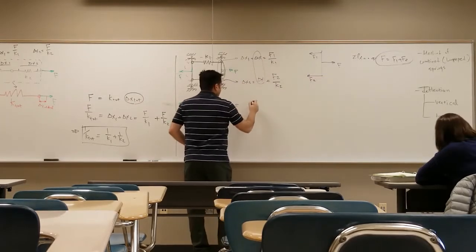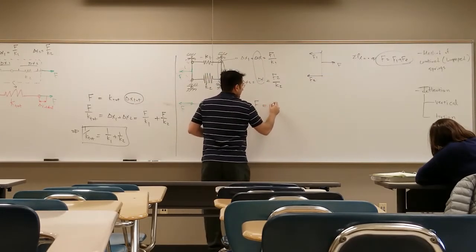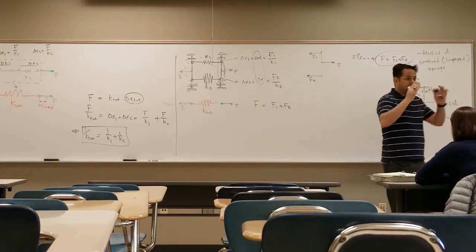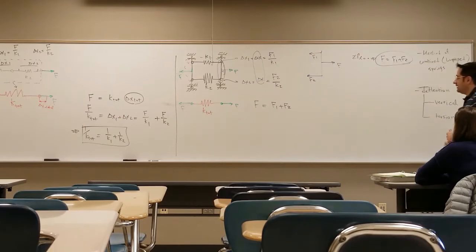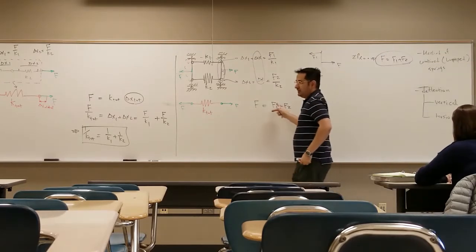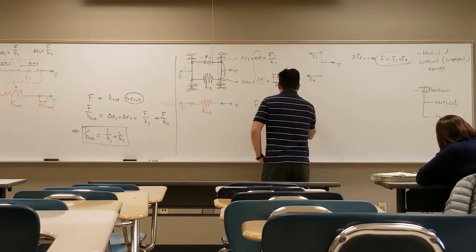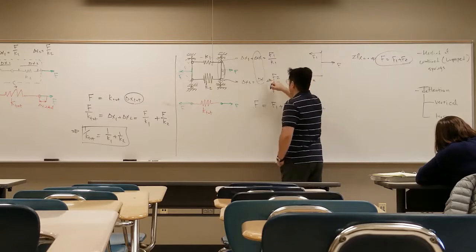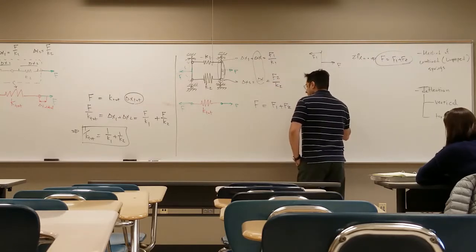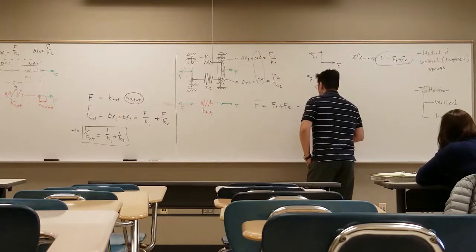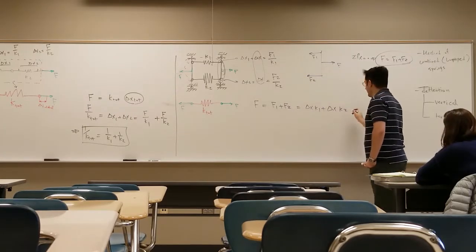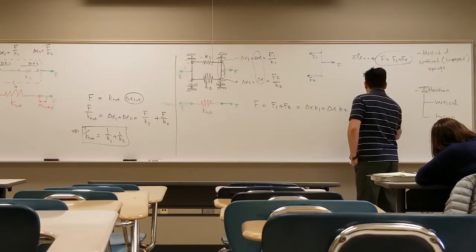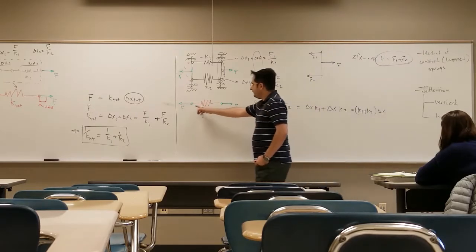So just use this equation: F is equal to F1 plus F2, the distribution of the total force to each spring. So what can I write for F1? K1 delta x, plus, for F2, K2 delta x. I can factor out delta x and get K1 plus K2 times delta x. But what can I write for the total F?